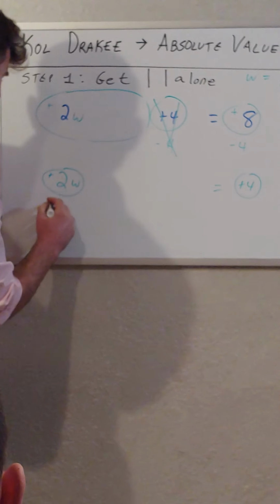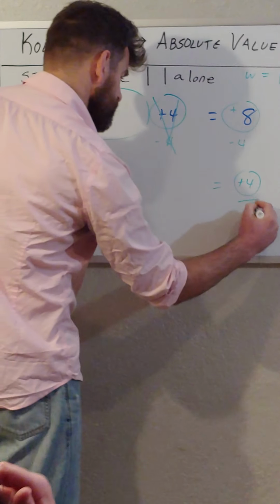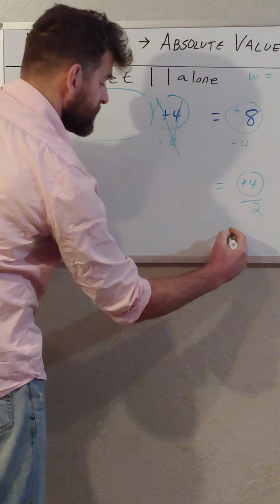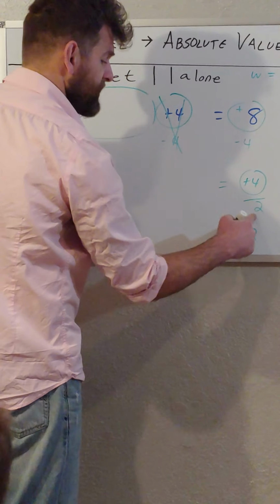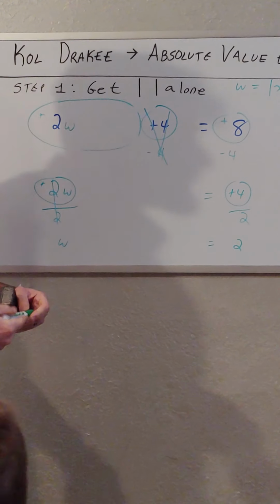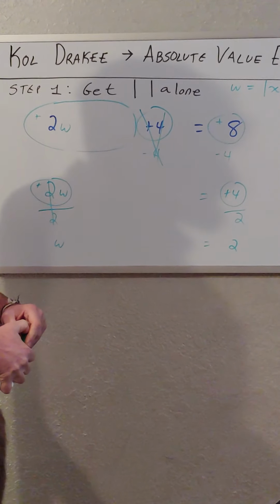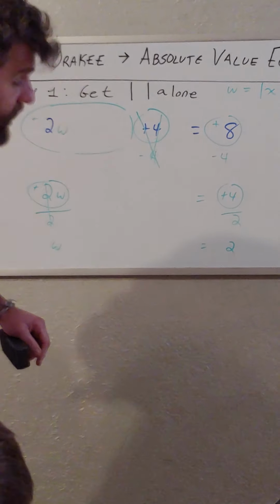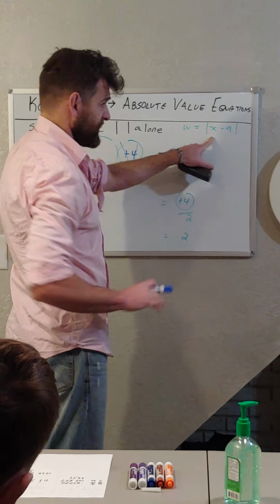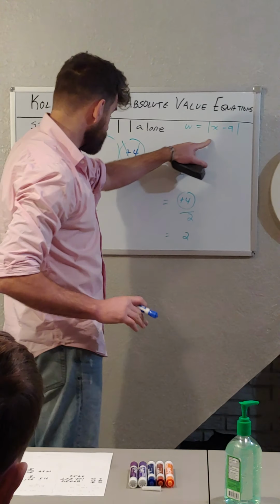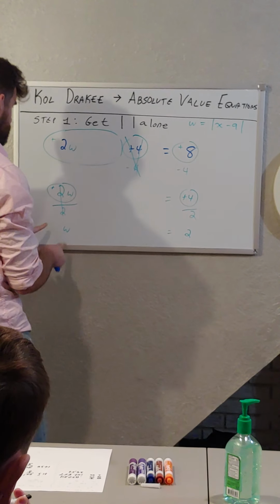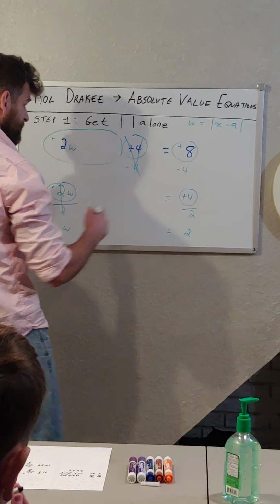Okay, now we're going to divide both sides by 2, and we're going to get W equals 4 divided by 2, which gives you a 2. Any questions with that? Okay, so now keep in mind though that the W is really this right here. This is really our W. So I'm going to rewrite this.